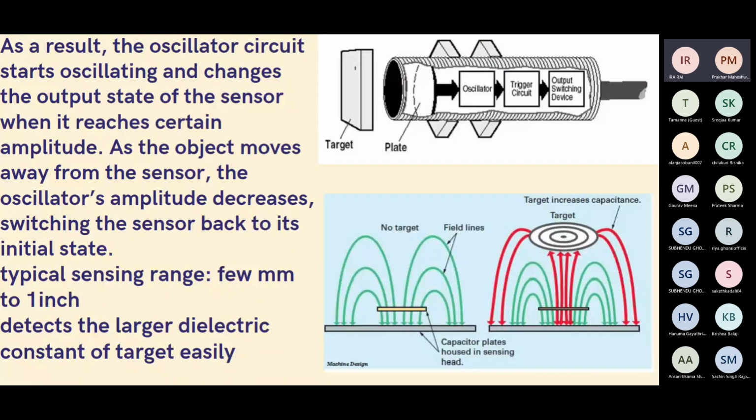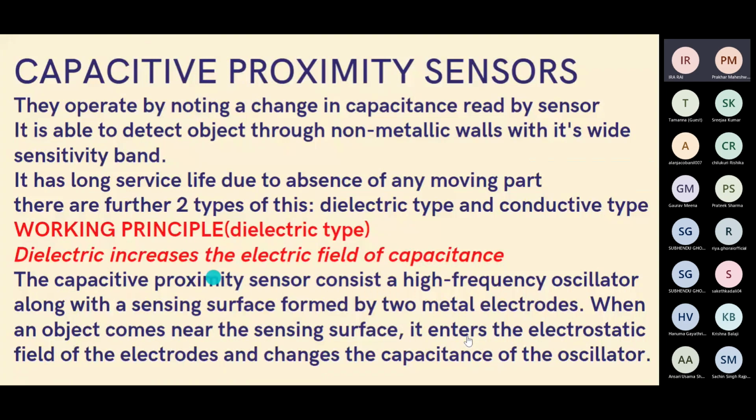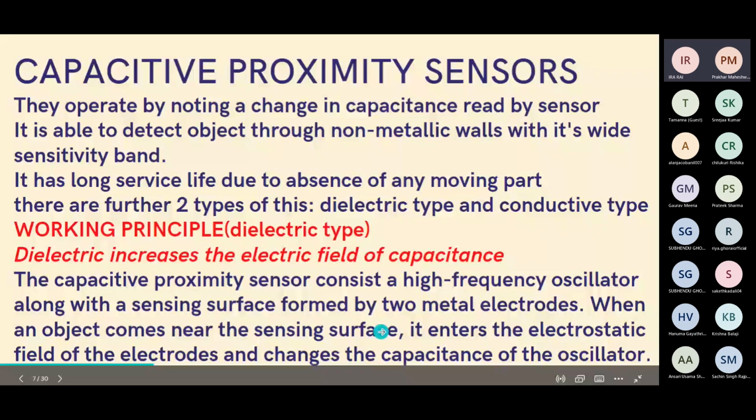This switches the sensor back to its initial state. Also, when an object comes near the sensing surface, it enters the electrostatic field of the electrodes and changes the capacitance of the oscillator, as I just explained.